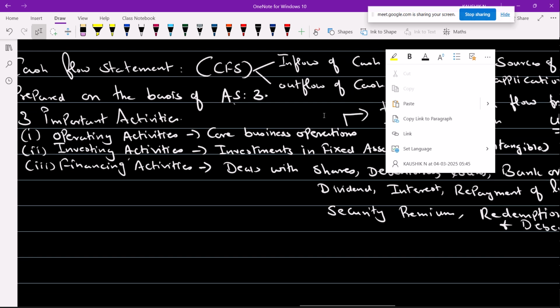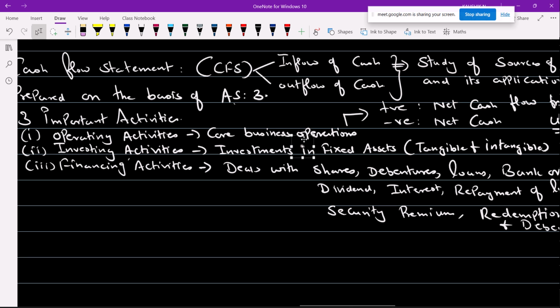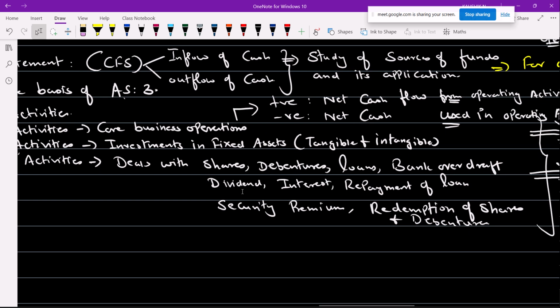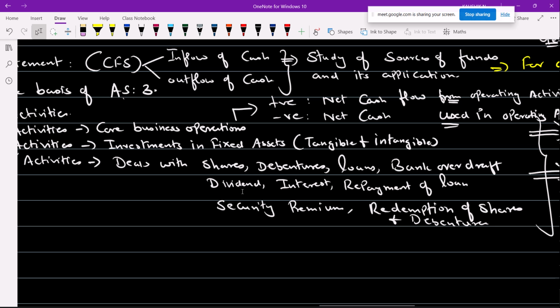Operating activity deals only with your core business operations, and investing activity deals with investments in fixed assets, both tangible and intangible. Financing activity deals with shares, debentures, loans, bank overdrafts, dividends, interest, repayment of loan, security premium, and redemption of shares or debentures. Finally, each of these activities provides a net result which could be either a positive value or a negative value.